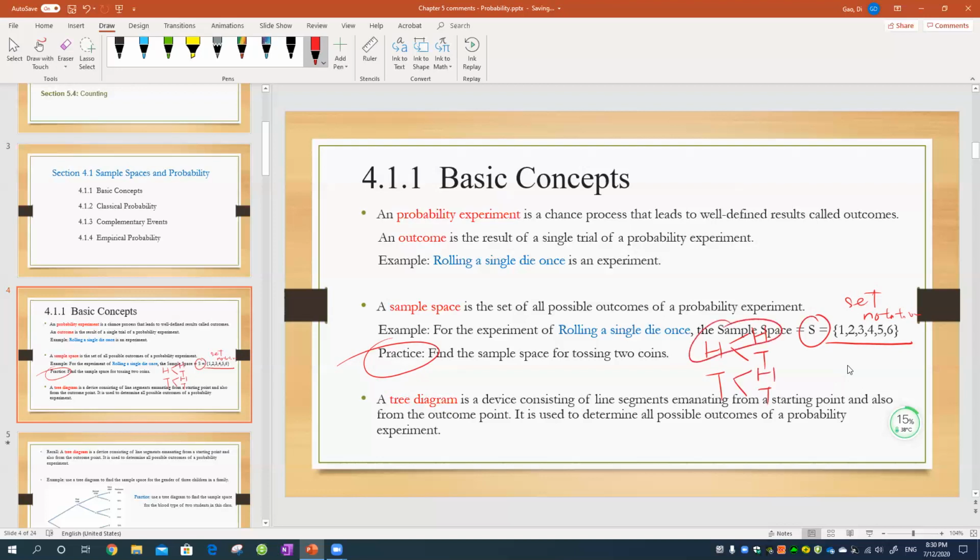Then you can have head-head, head-tail, tail-head, and tail-tail. So we're going to write it down, use S to represent the sample space, and then the set notation, which is a curly bracket. So we have head-head, head-tail, tail-head, tail-tail. Then that's all the possible outcomes.